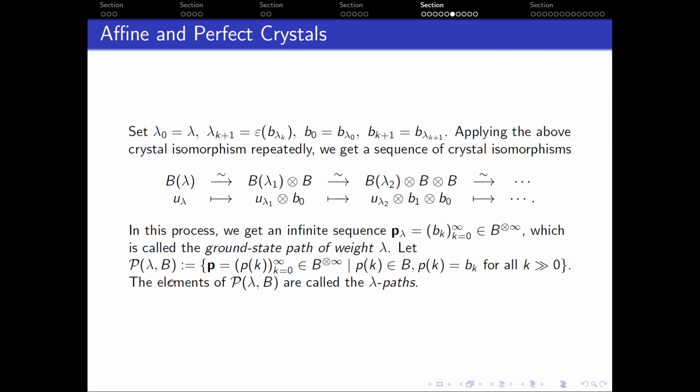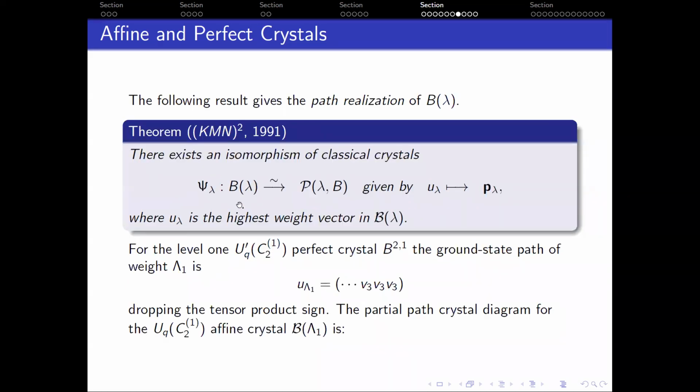If we look at all lambda paths, they are isomorphic to the affine crystal B(lambda). That was the theorem. In particular, for this B21 crystal that I showed you, corresponding to lambda 1, the ground state path, or the highest weight vector, is just V3 tensor V3, and so on. This is a semi-infinite tensor product.